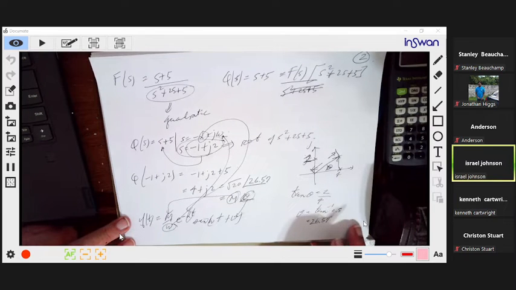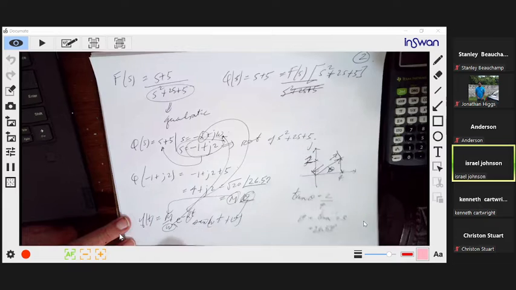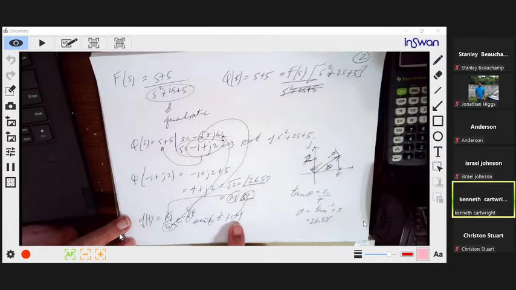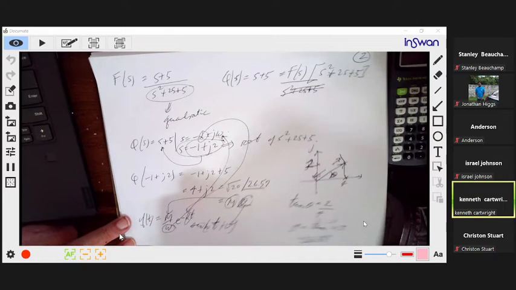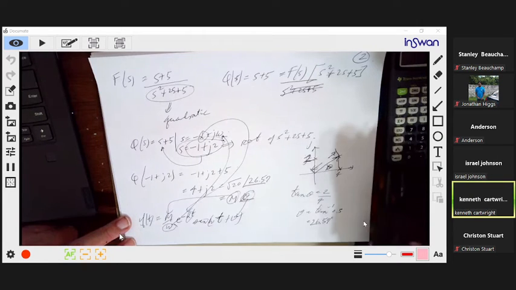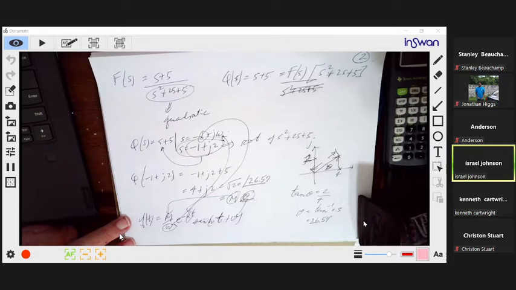Omega t plus theta. Don't you see that this is a t? I see it now.